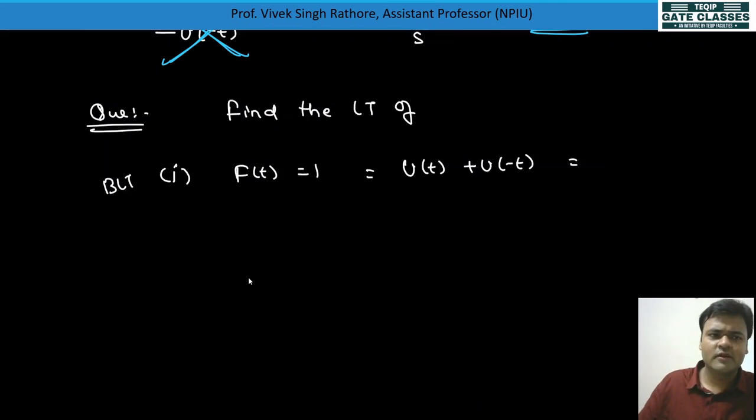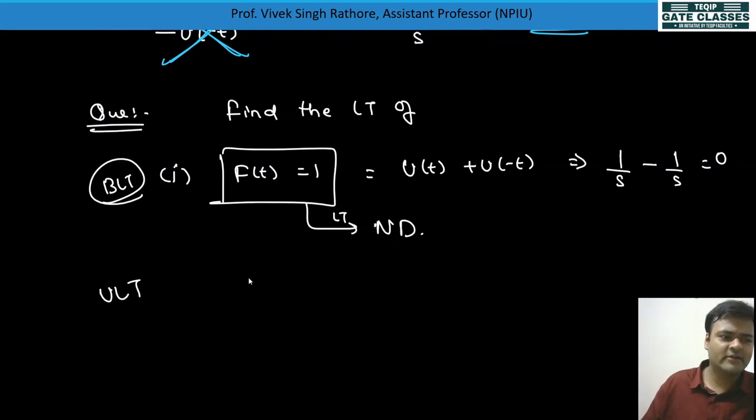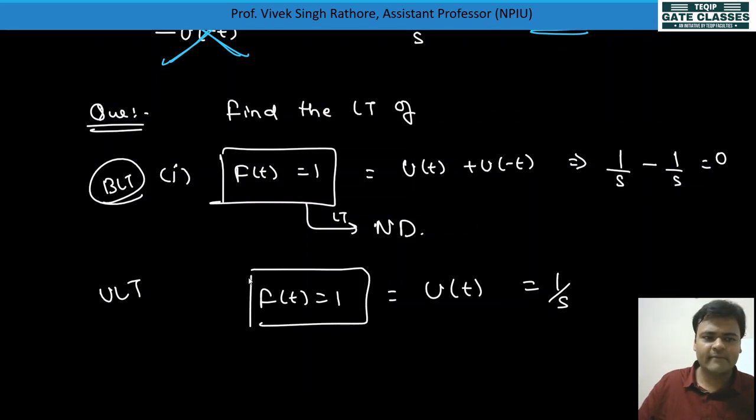So the Laplace transform will be 1 by s minus 1 by s, so the value is 0. So in the bilateral Laplace transform, the Laplace transform of f of t equal to 1 is not defined. But for the unilateral Laplace transform, f of t equal to 1 will be only u of t, because u of minus t will not exist. So here only 1 by s will come. So ultimately, the Laplace transform of f of t equal to 1 will be 1 by s for the unilateral Laplace transform.